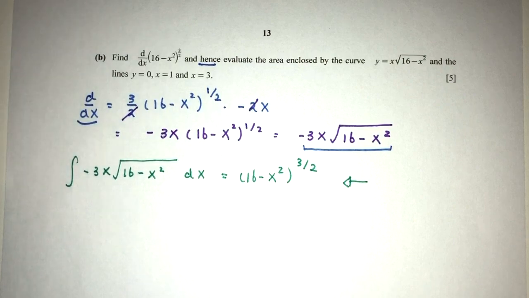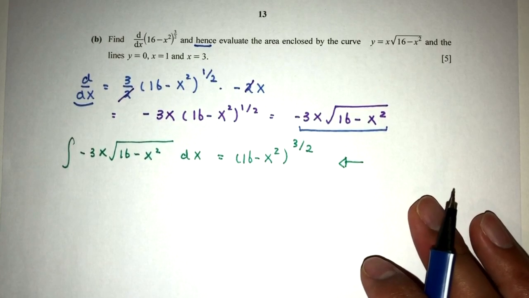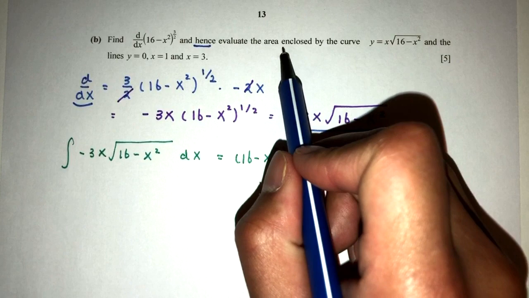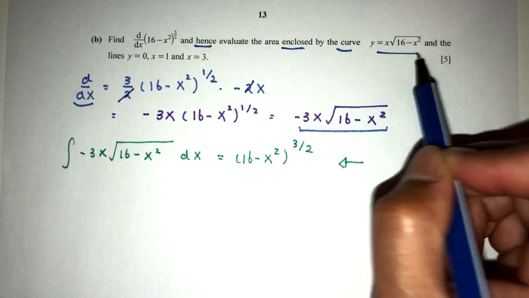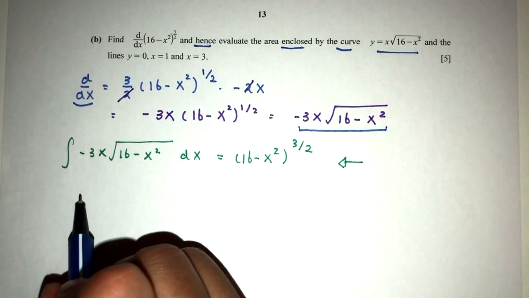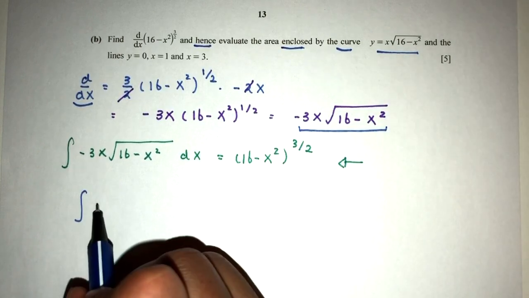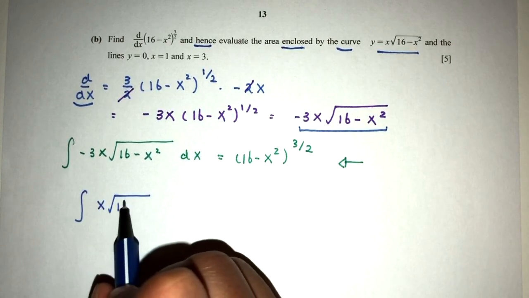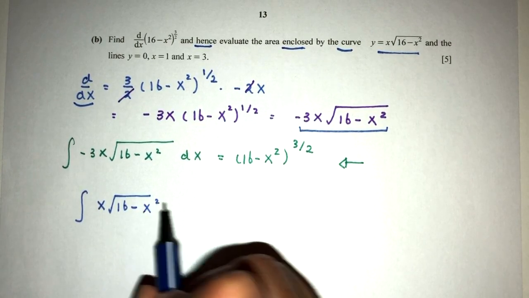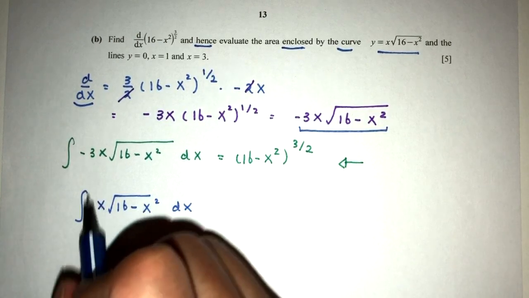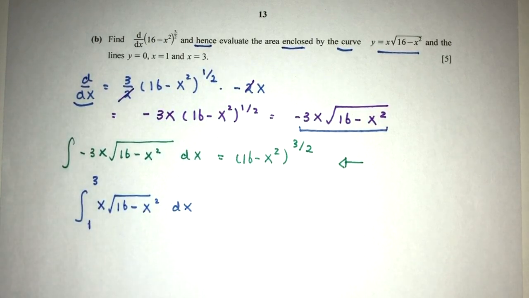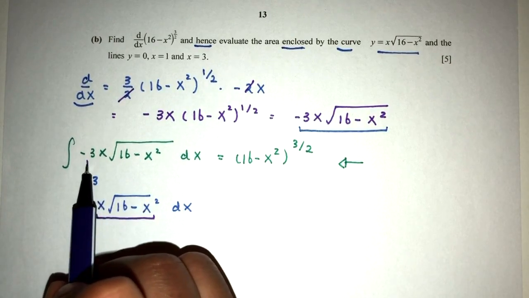So the question here is we have to find the area enclosed by the curve and the line. So pretty easy. We have to find the integration of that curve, which is x root of 16 minus x squared dx, between the limits of 3 and 1. Now to find this, if you observe, this is almost the same as this.